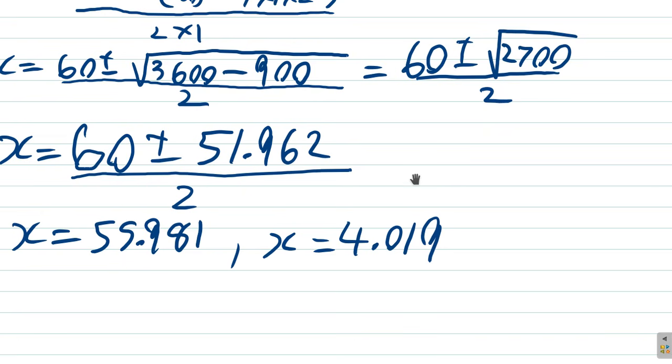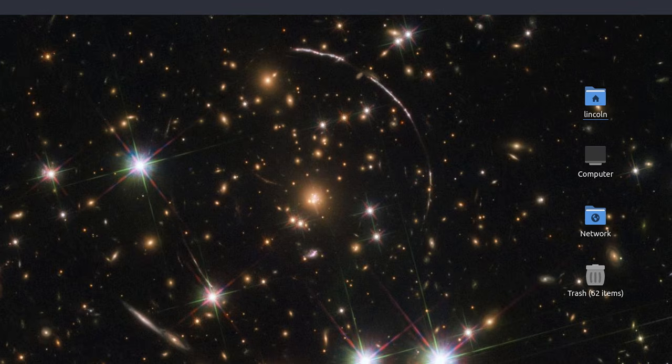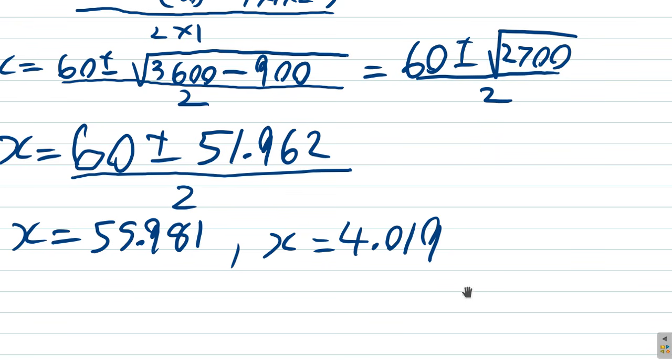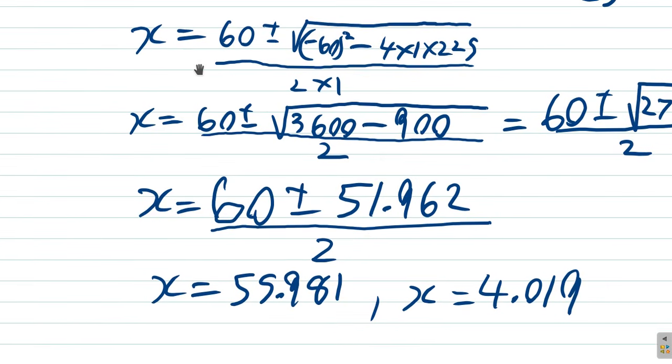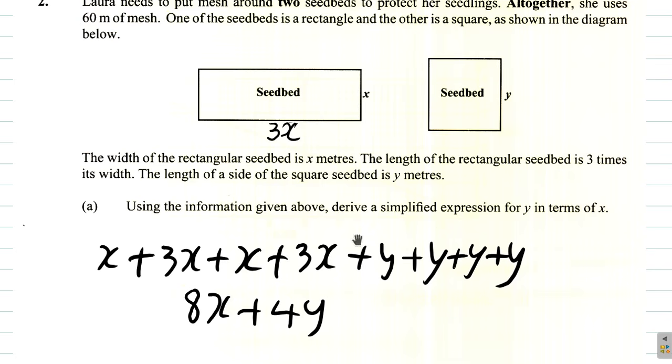The thing is that the total length of the mesh, or the netting, is 60. Where's the question? Here it is. 8x plus 4y.